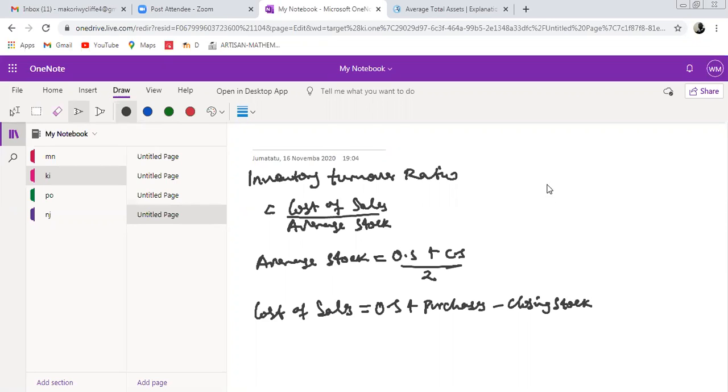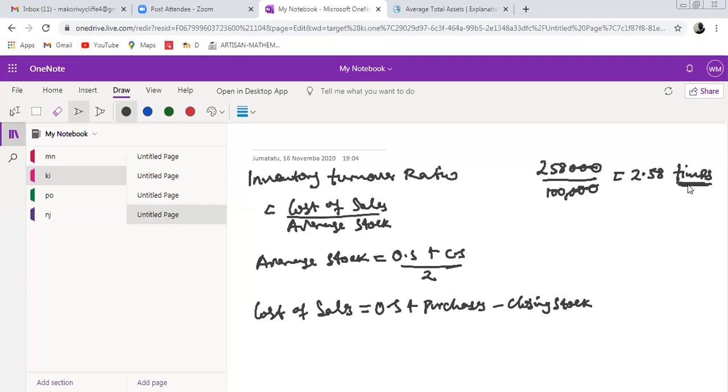So in this case, the cost of sales for Sahara is 258,000 over the average stock. We only have one stock figure here. What will the ratio be? This one will be 2.58. And this is not a ratio now, it is a turnover. Anything to do with turnover, we write times.